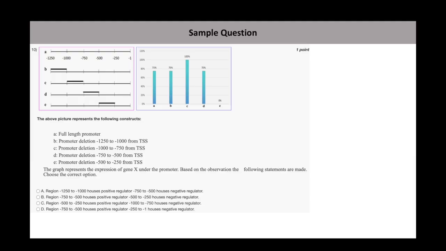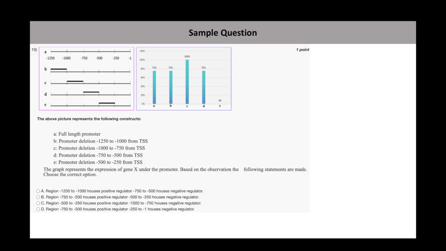The presence of that particular fragment is causing a reduction in the gene expression. That is why when that fragment is removed, the gene expression has increased. So fragment C, from 1000 to 750 base pair, is acting as a repressor.